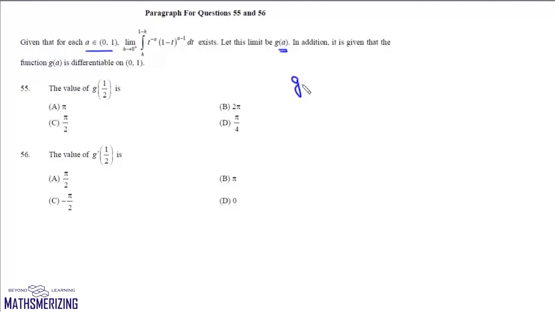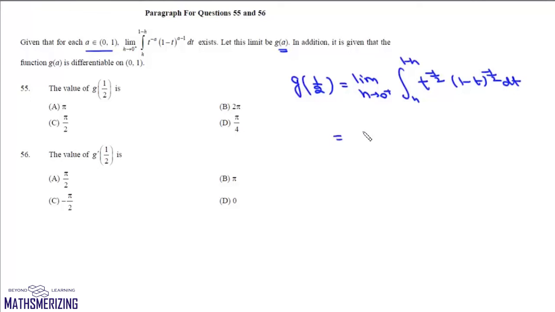Now if we look at G1 by 2, G1 by 2 will be this limit h tends to 0 positive from h to 1 minus h, and it will be t to the power minus 1 by 2 and 1 minus t to the power minus 1 by 2 into dt, which we can write as this integral from 0 to 1 upon under root of t into 1 minus t dt.